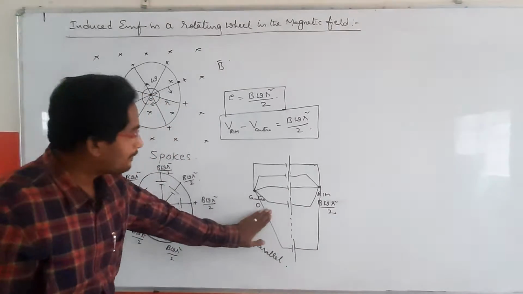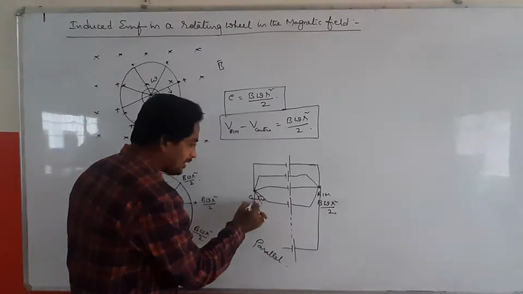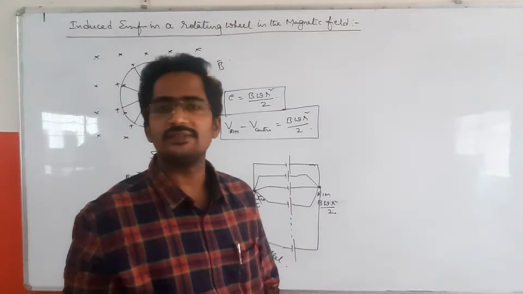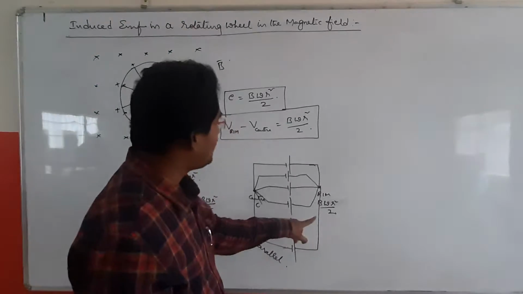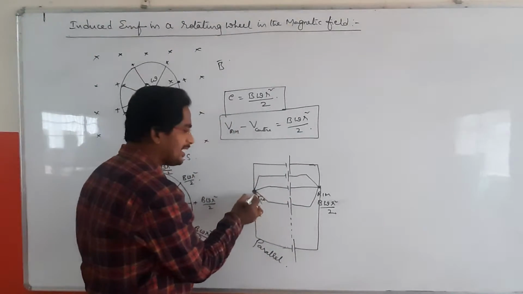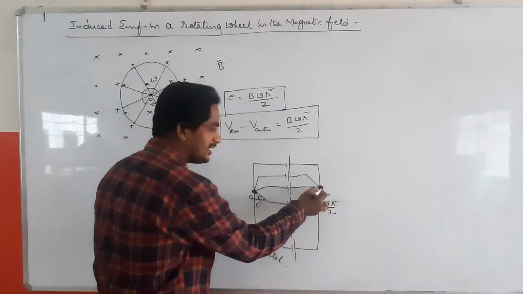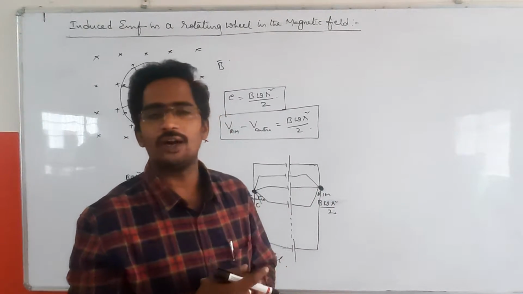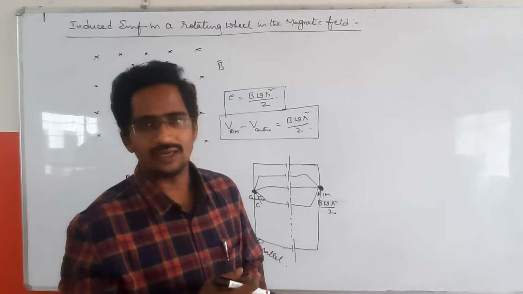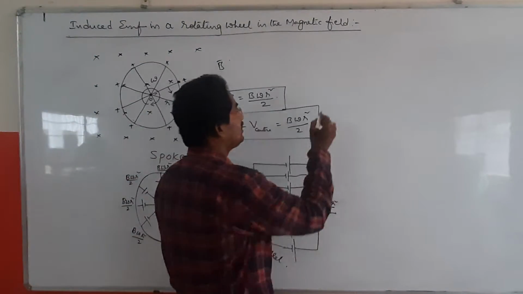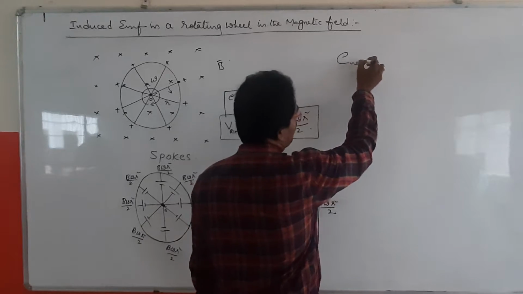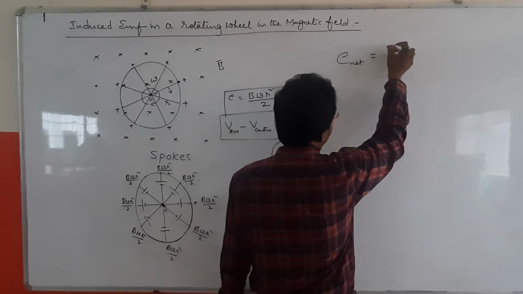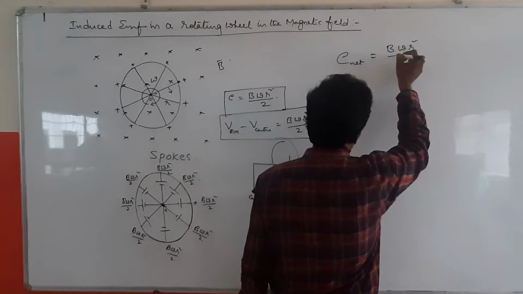You know well, in a parallel combination, the potential difference across all the cells will be the same. By that, the net potential difference between this junction and this junction is 0 and B omega R square by 2, the difference is B omega R square by 2 only. So the net EMF for all these cells is B omega R square by 2.